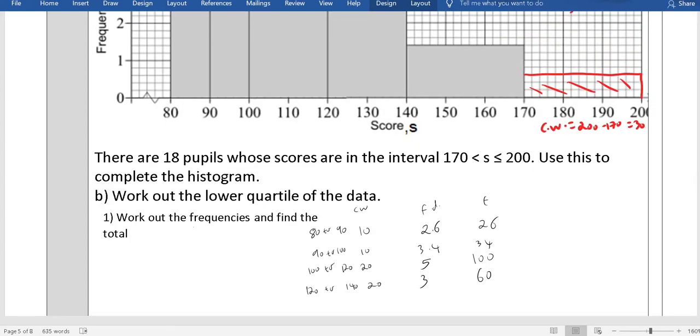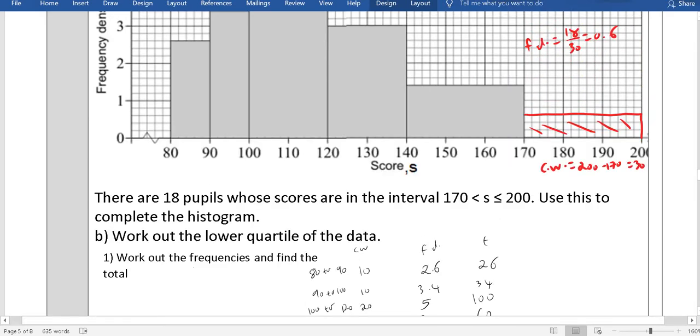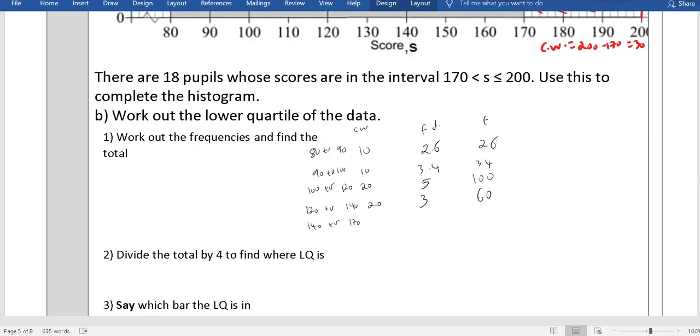Lastly, 140 to 170. Frequency density seems to be 1.4. And the class width, apologies, is 30. So I simply do 30 times 1.4. Now 30 times 1.4 is the same as 3 times 14, which is 42.